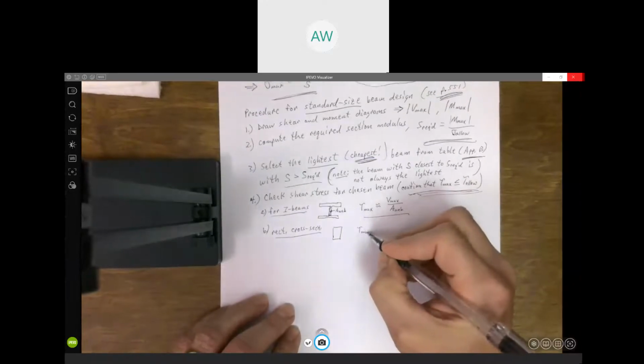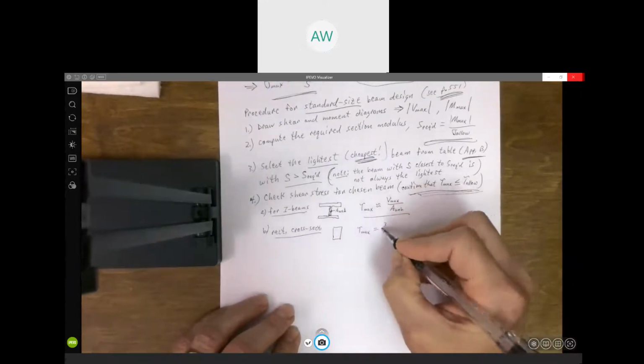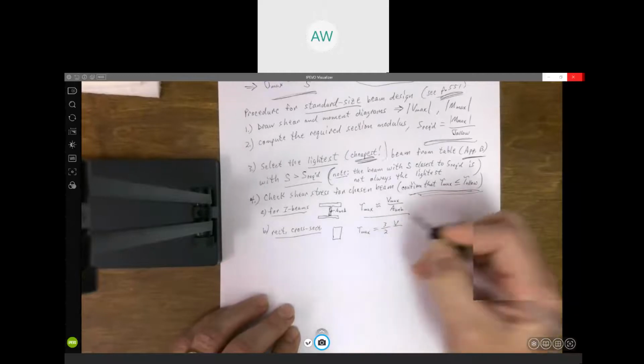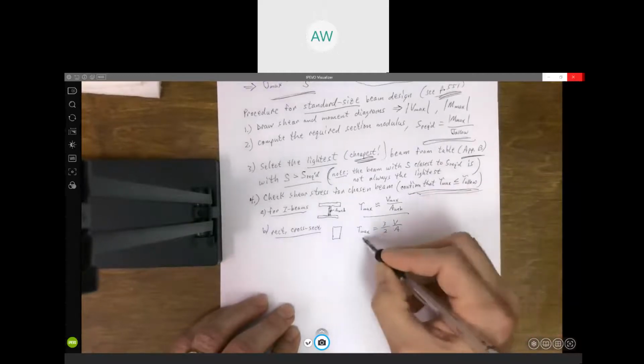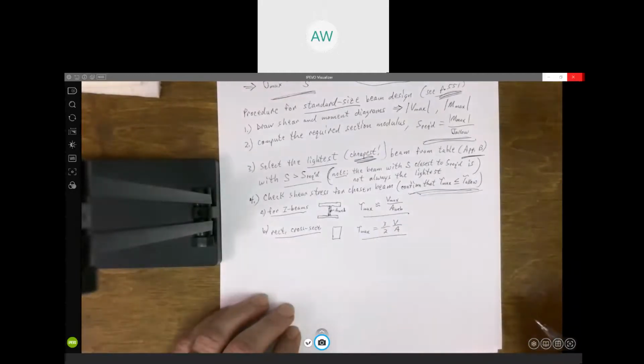Here's where you can use that formula that we saw in chapter 7 as well. It's just 3/2 V over A. Again, it saves you a little bit of time. You don't have to calculate Q. You don't have to calculate I. You just do 3/2 V over A.